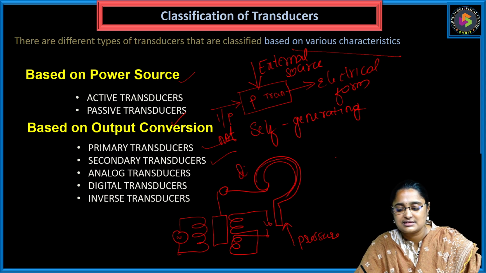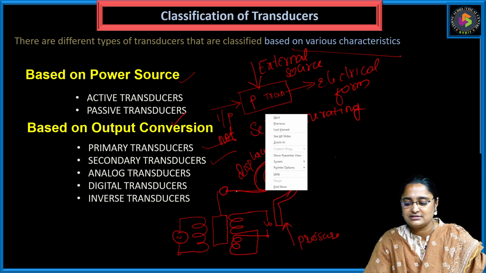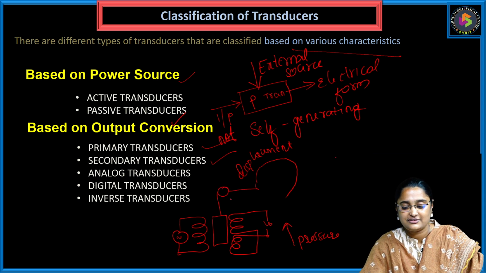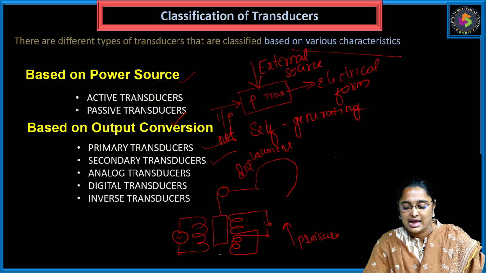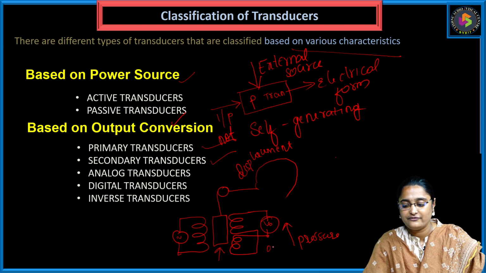It causes some displacement. When this displacement happens, it pulls the pulley which is connected to the core, and with the movement of the core of the LVDT, an electrical output is obtained. Here we get the V out.